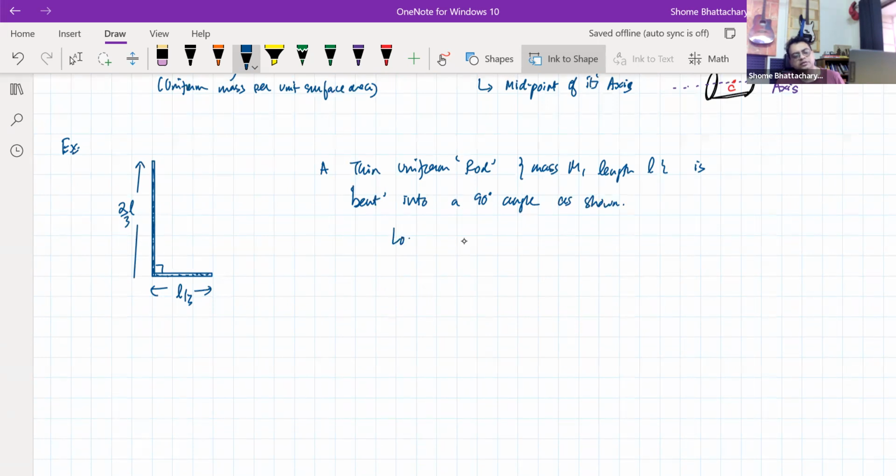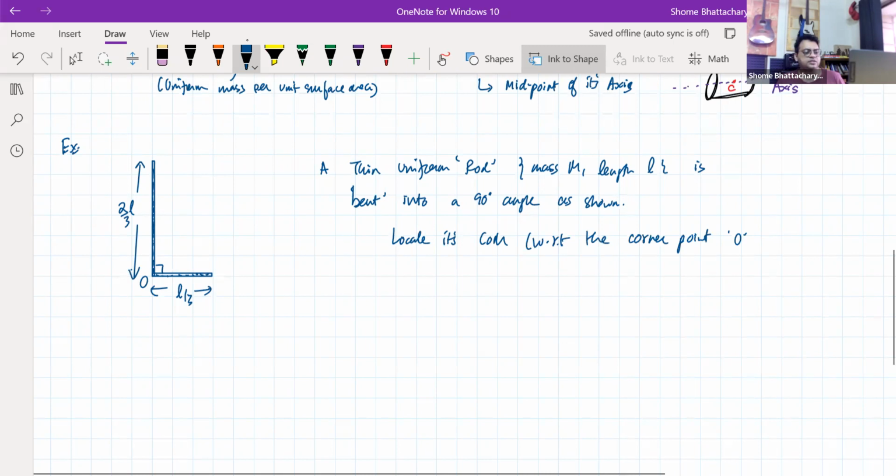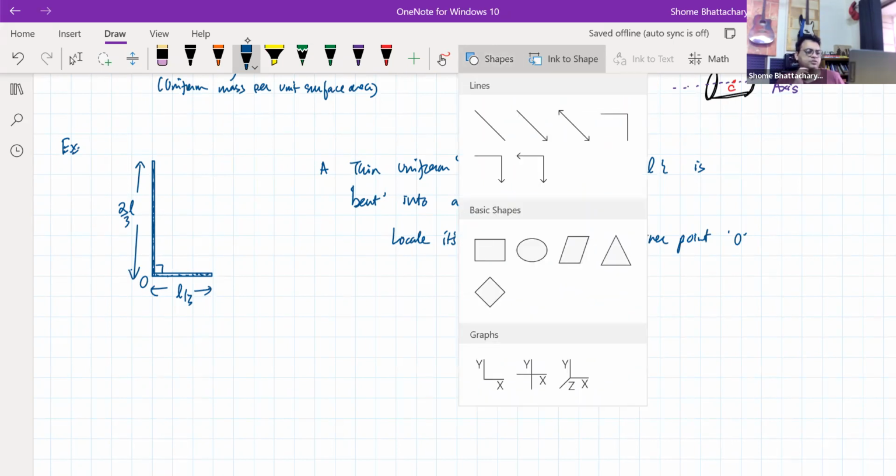If you want to locate the center of mass with respect to the corner point O, let's say. Okay, so we've taken this corner point as O. With respect to this point, we want to locate the center of mass. So what we'll do here is use superposition. That is, we will think of the L shape as a combination of two individual rods, one of length L/3, the other of length 2L/3.